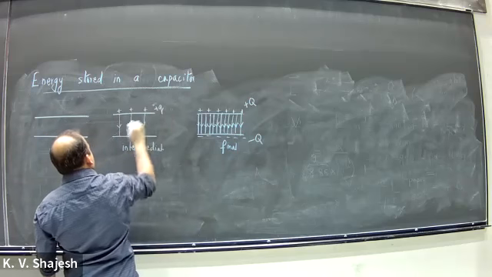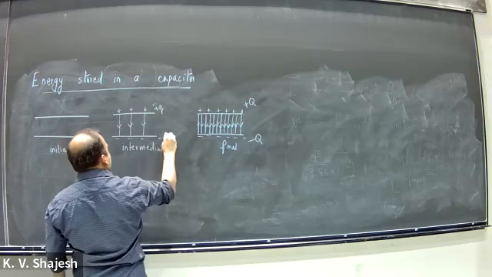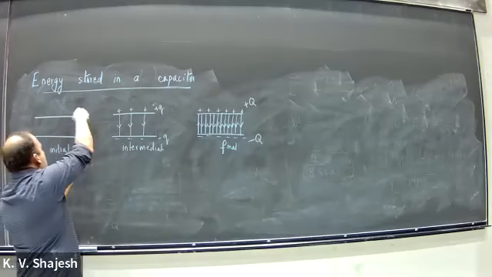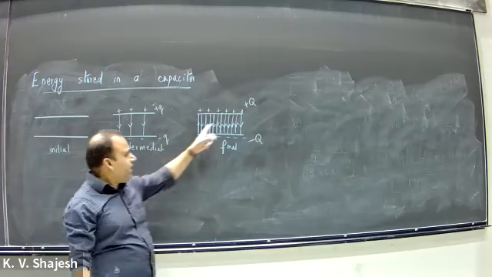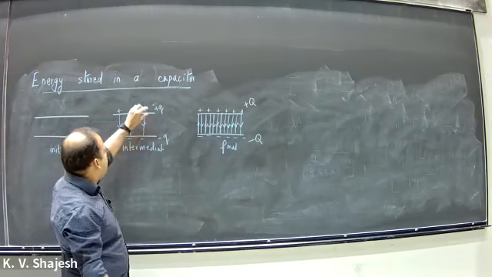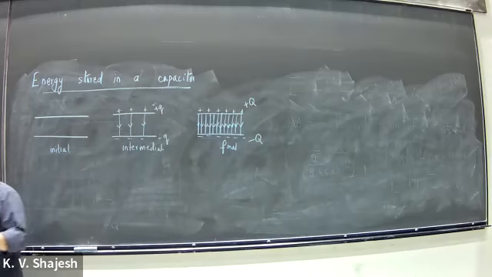That's not full charges, a little of them, and there's a minus Q up. So I keep doing small amounts here and there, and I want to reach a final state of plus Q and minus Q.